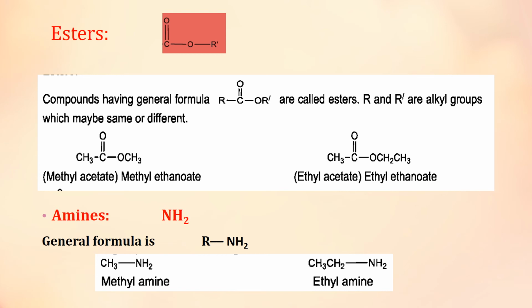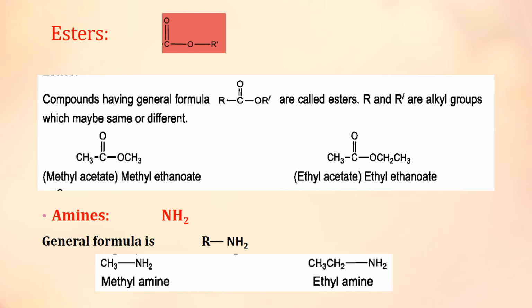Two same groups are attached here. It is methyl ethanoate. And the second example is given here. On one side of the carbonyl group a methyl group is attached, and on the other side along with the oxygen an ethyl group is attached. So two different alkyl groups are attached here. So it is called ethyl ethanoate.